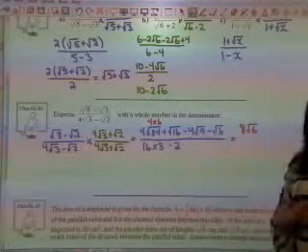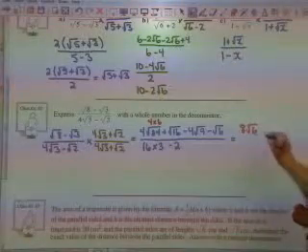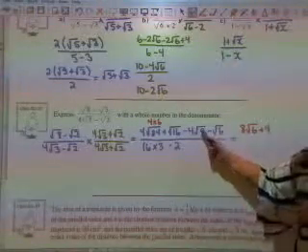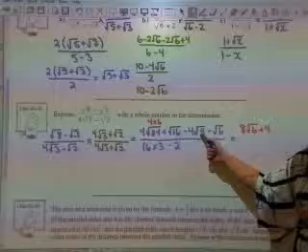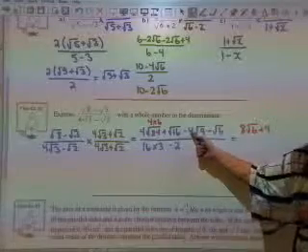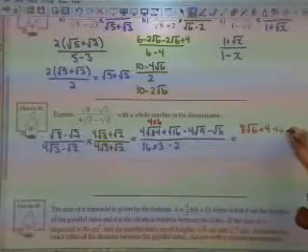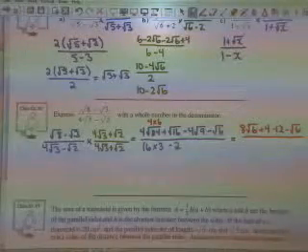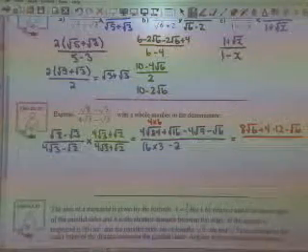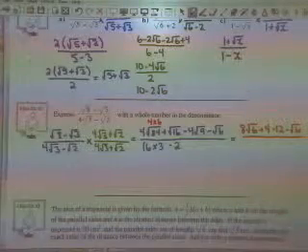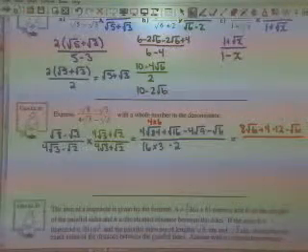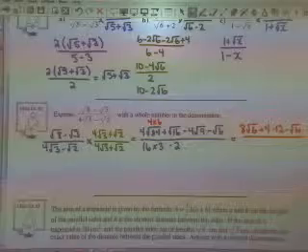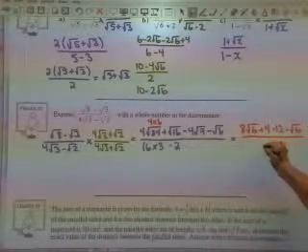What's the square root of 16? It's the square root of 9 times 4. And 16 times 3. And 48 minus 2.